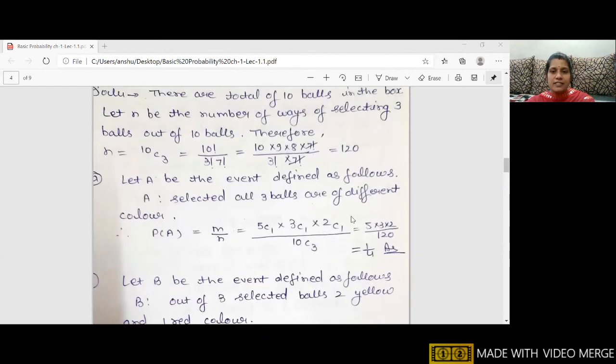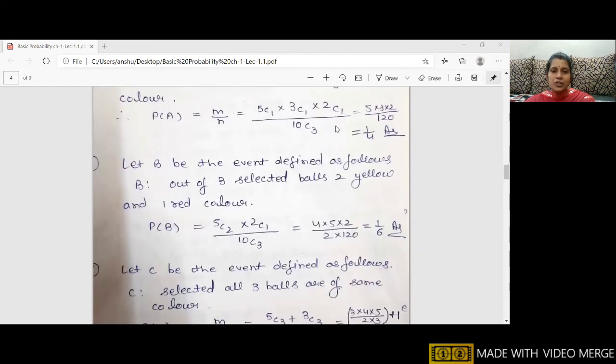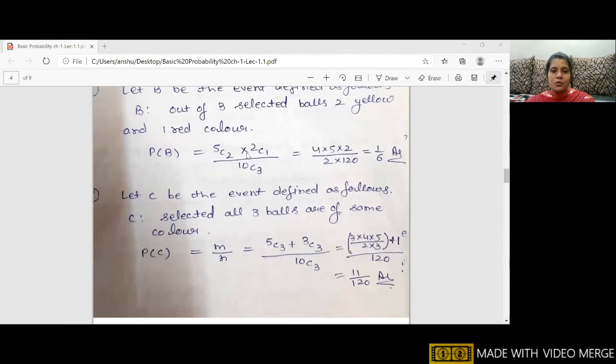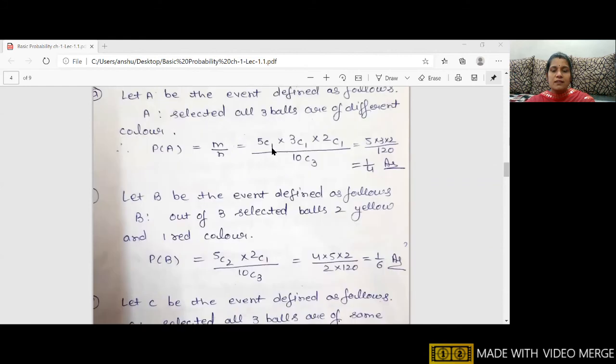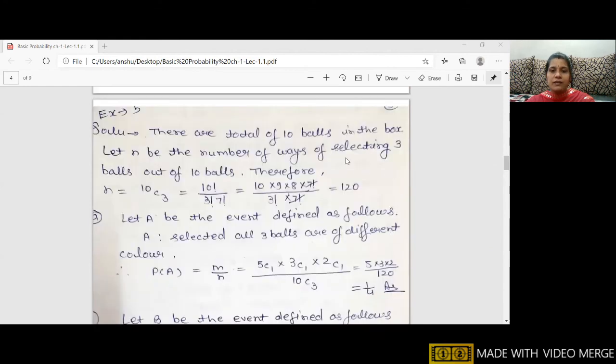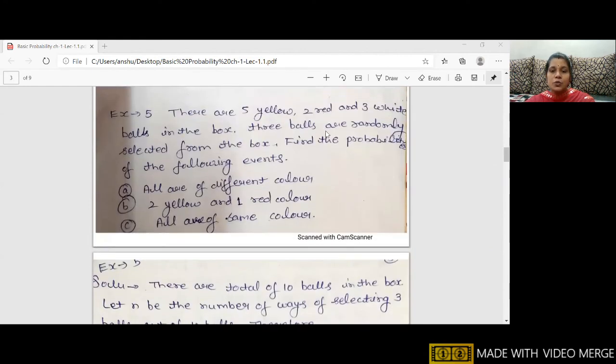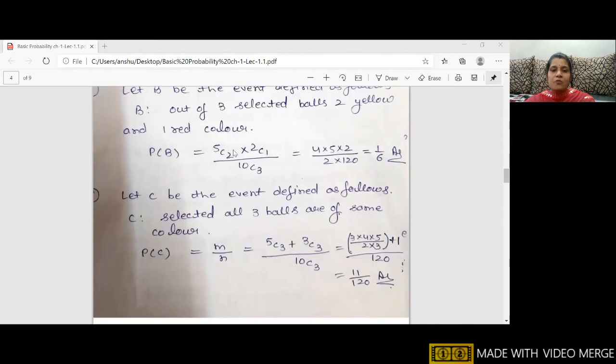We have already discussed in our previous question. So 5C2 into, we have 1 red ball. The total number of red balls is 2. So here we write 5C2 into 2C1 divided by total events. The total event is 10C3. Solving this step, we get 1 by 6.